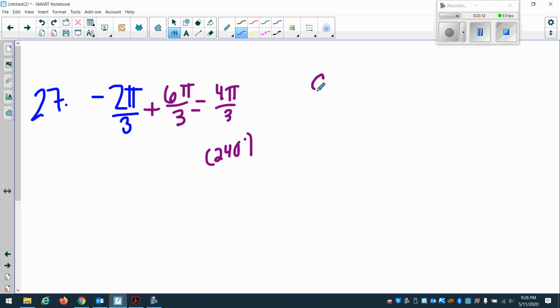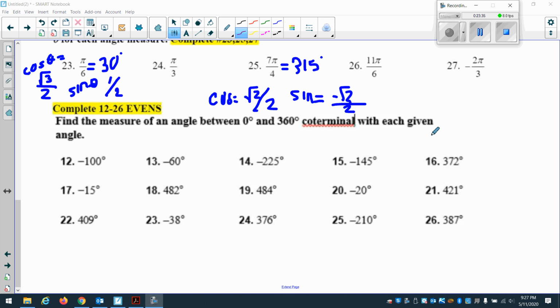So my cosine is negative 1/2, my sine is negative root 3 over 2.